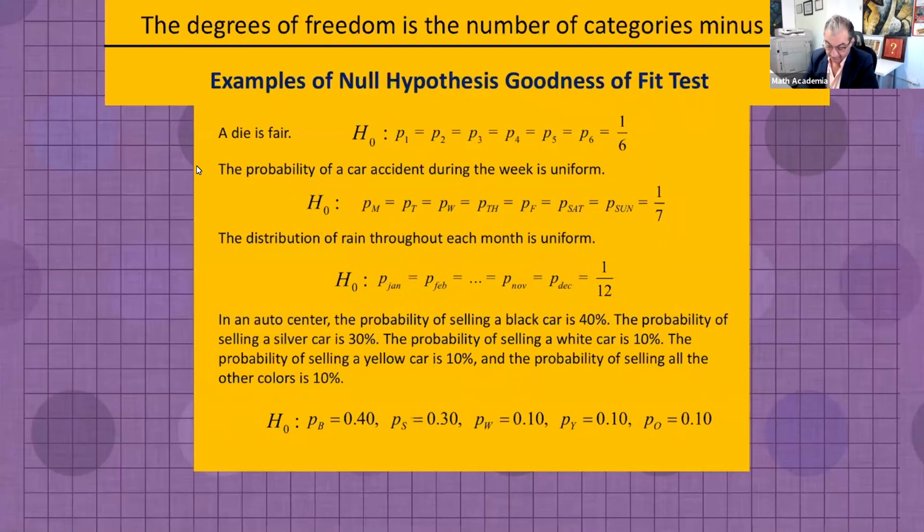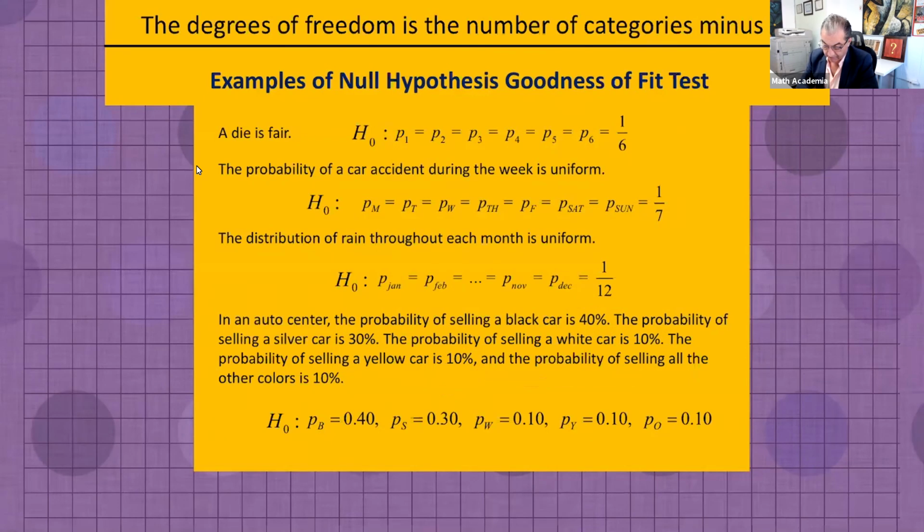However, we can have this last example. In an auto center, the probability of selling a black car is 40%. The probability of selling a silver car is 30%. The probability of selling a white car is 10%. The probability of selling a yellow car is 10%. And the probability of selling the other colors is 10%.